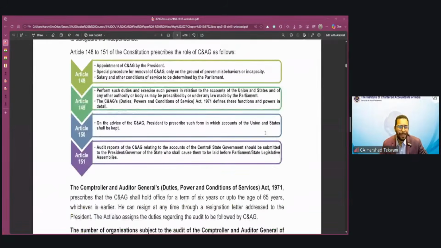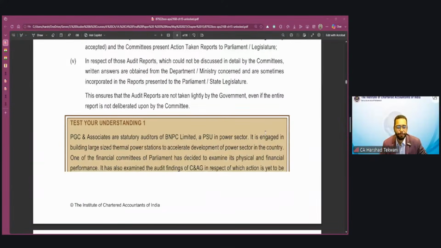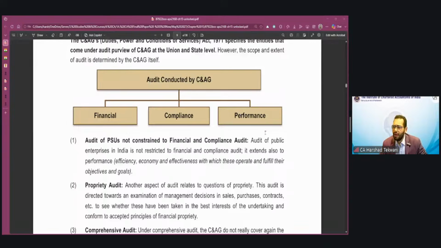So before I perform a deep dive into the performance audit, can anyone tell me, in performance audit, we have briefly discussed the three aspects: economy, efficiency, and effectiveness. What does economy mean? Can anyone tell me what is economy? How do you define economy?